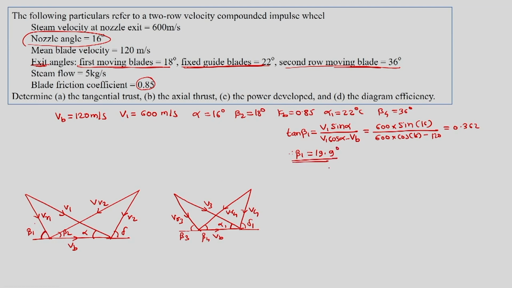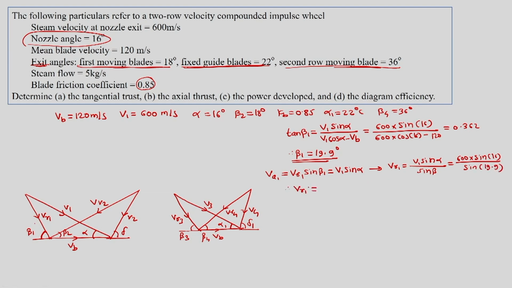So we can find out VR1, since VR1 sine of beta 1 is equal to V1 sine of alpha. So VR1 is equal to V1 sine alpha divided by sine beta 1. So it is 600 into sine of 16 divided by sine of 19.9.